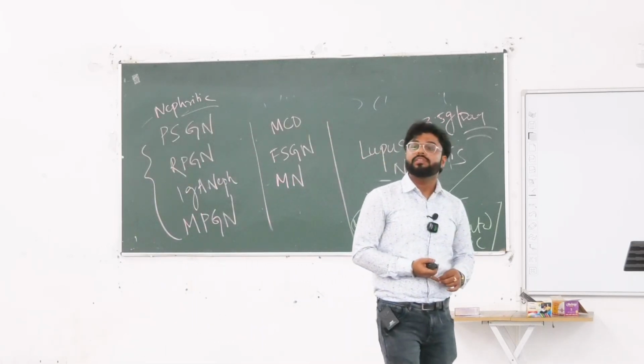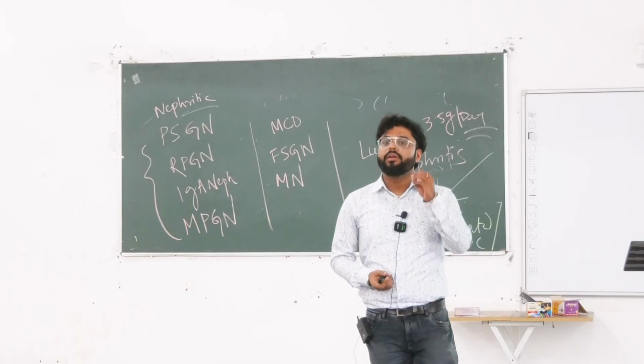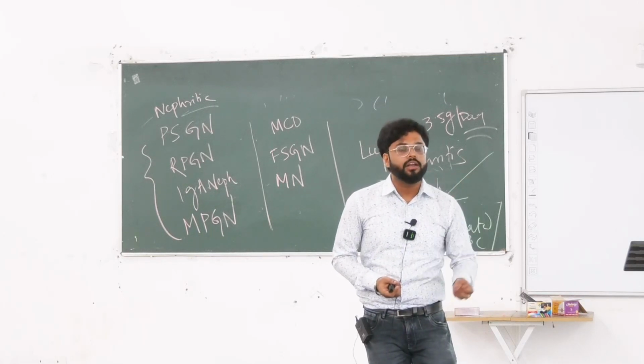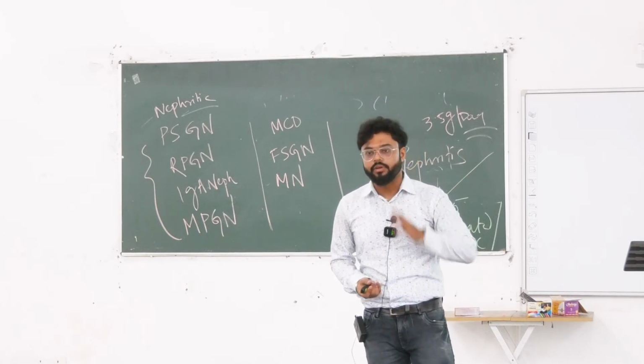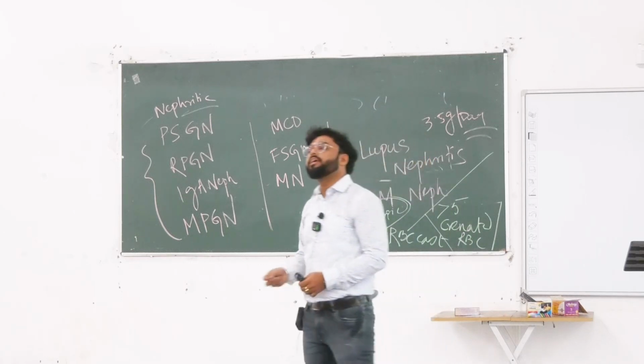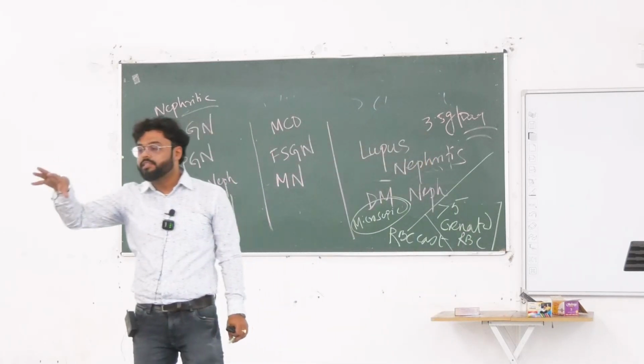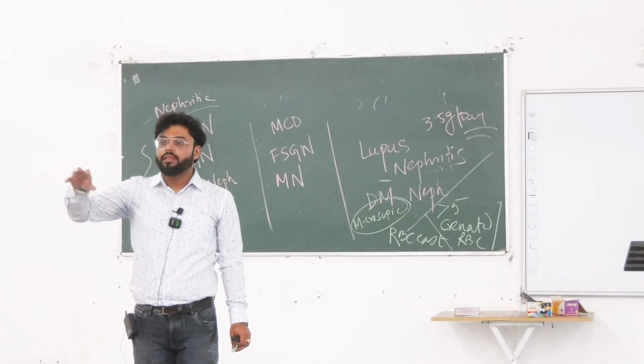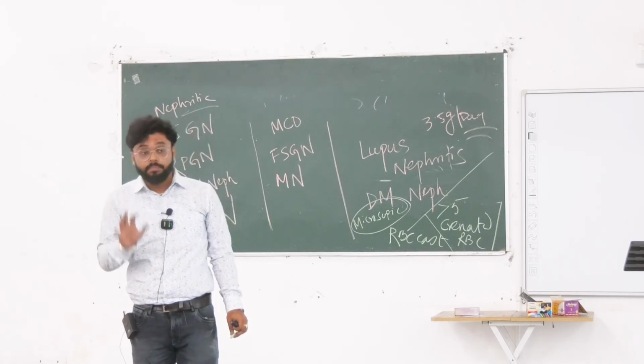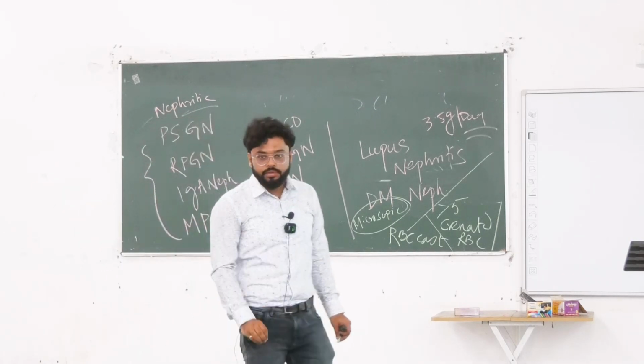What does immunofluorescence see? It will only see the deposition of immunocomplex within the glomeruli. We will see whether this deposition is linear or granular, that means the site of deposition.